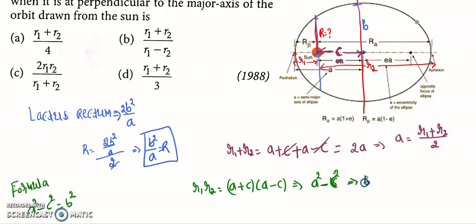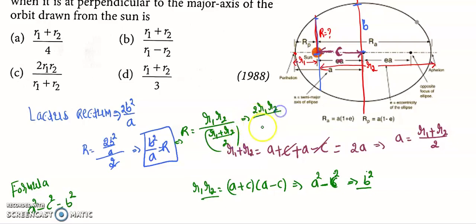Now put these values in the equation: b square is equal to r1 r2, divided by a, which is r1 plus r2 divided by 2. So r is equal to 2 r1 r2 divided by r1 plus r2.